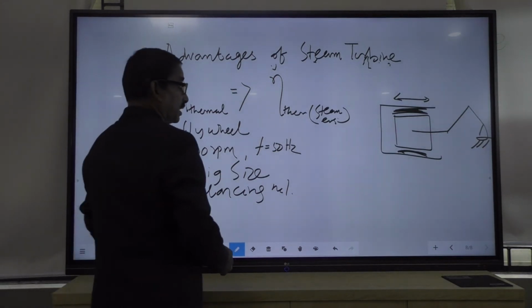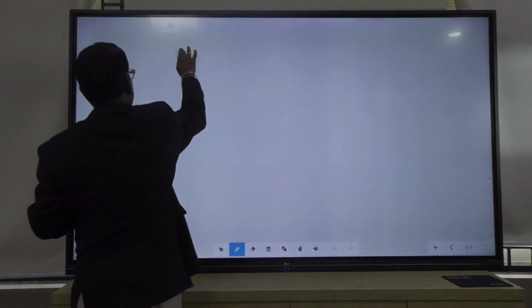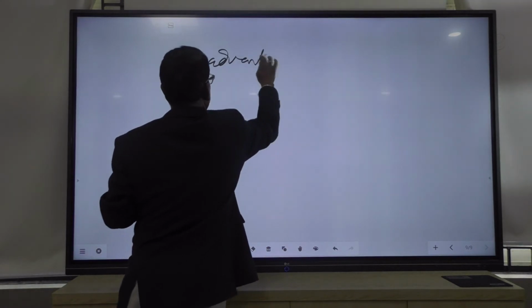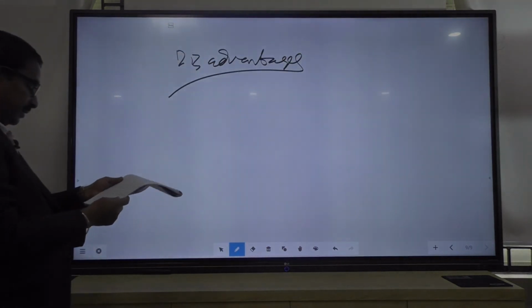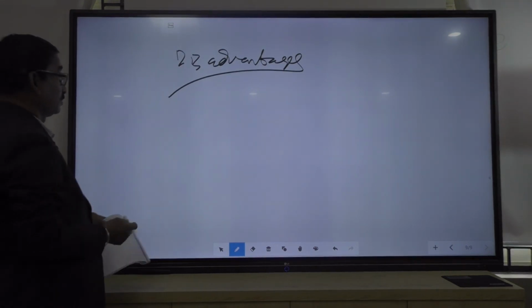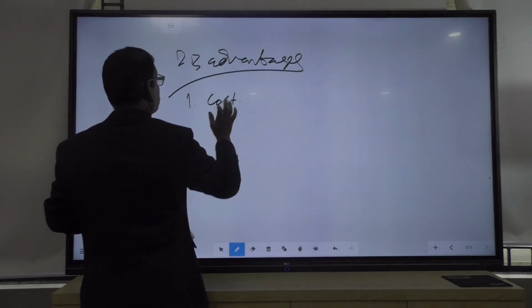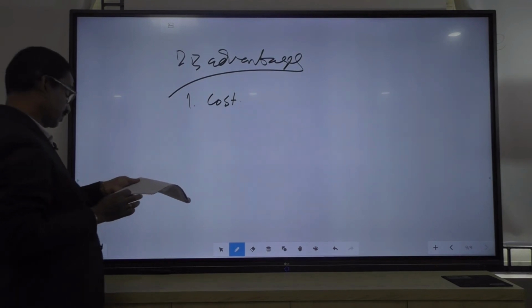Next are the disadvantages of the steam turbine. Number 1, relatively high overnight cost. The cost is very high, and the installation of this turbine is very high cost.